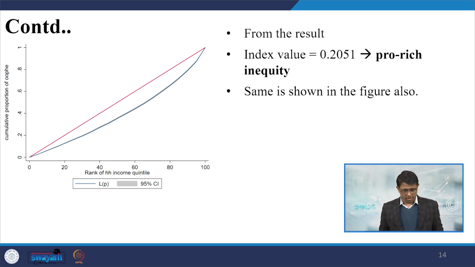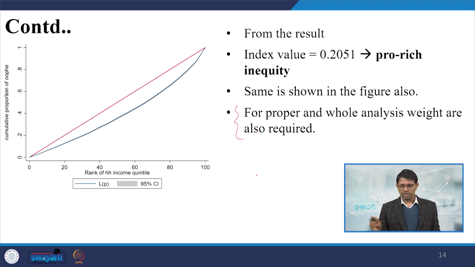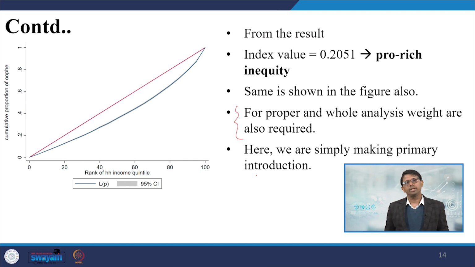Index value is 0.2051, hence it is pro rich inequity, and for a proper and whole analysis, weights are also required. Sometimes we need to represent the entire district or so. In that case, the respective weight in that round can be taken. Usually, since it is individual data, iweight can be in the bracket, we can take iweight as well.